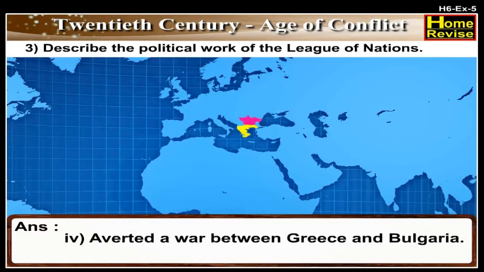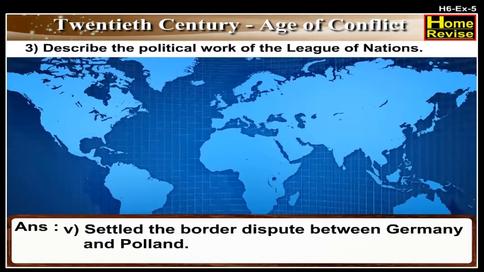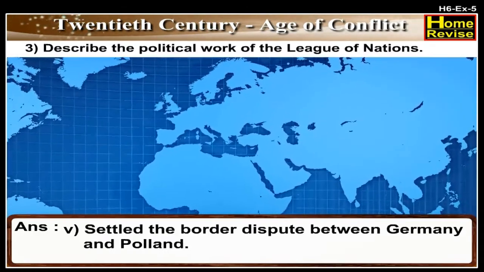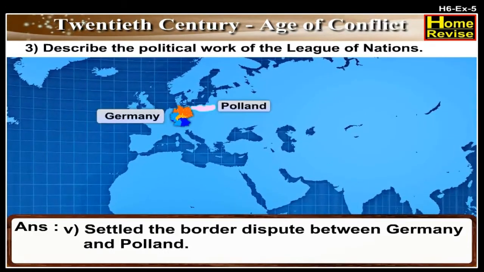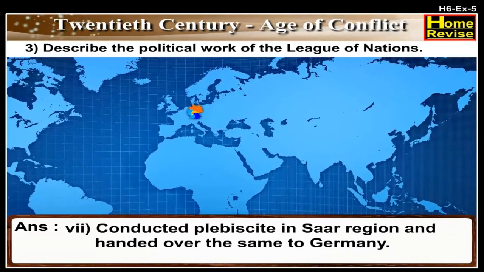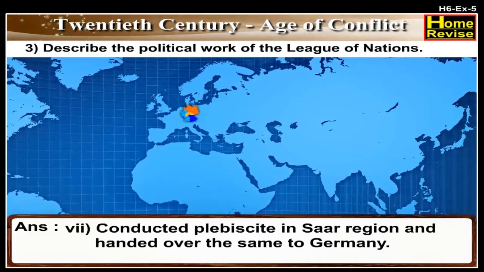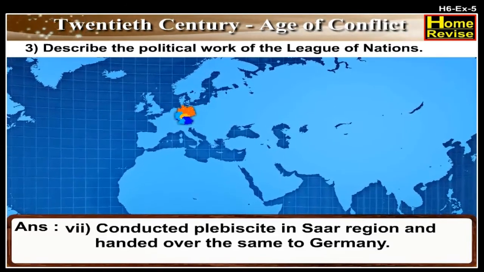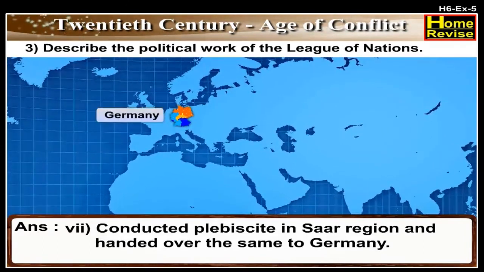Fourth, averted a war between Greece and Bulgaria. Fifth, settled the border dispute between Germany and Poland. Sixth, settled the border dispute between Iraq and Turkey. Seventh, conducted plebiscite in Saar region and handed over the same to Germany.